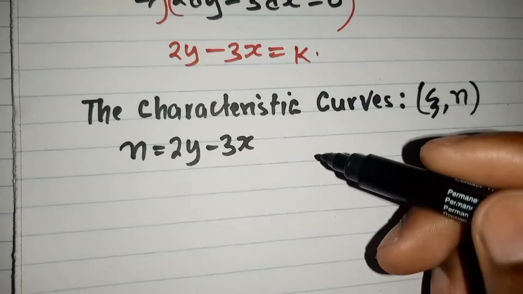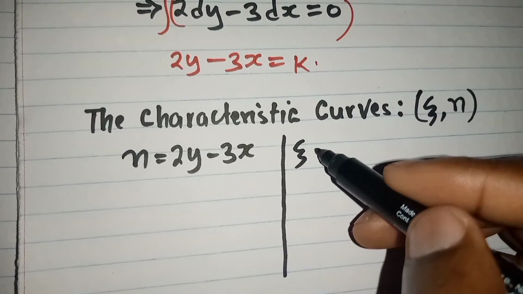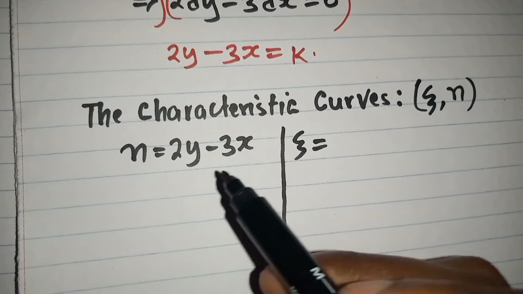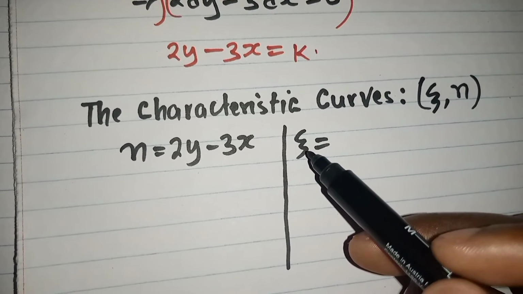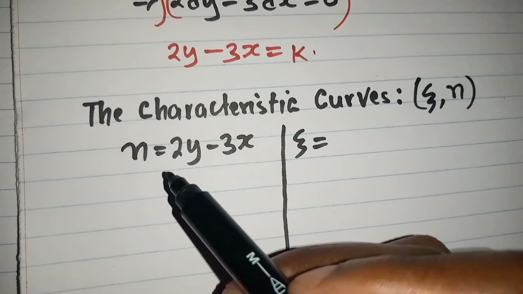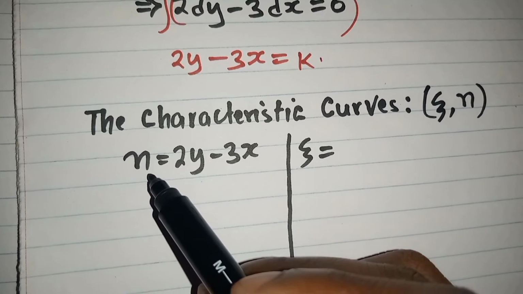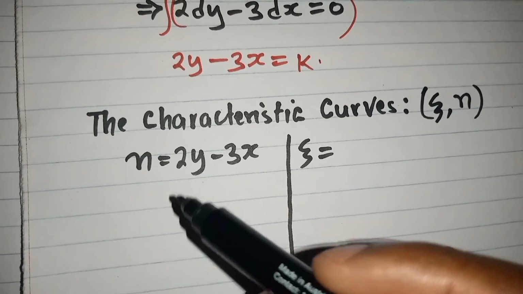But remember, we are also supposed to have another function, xi. And for us to be able to come up with a function of xi, we need to first of all differentiate this function of nu partially with respect to both x and y.